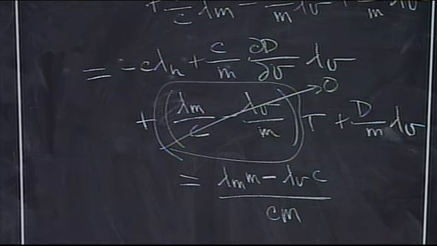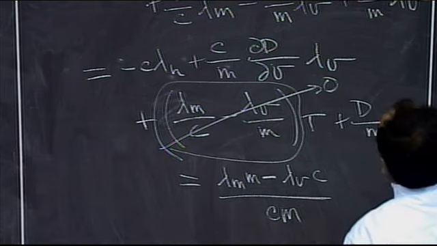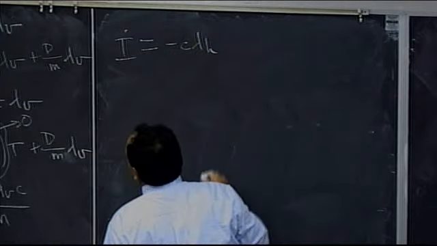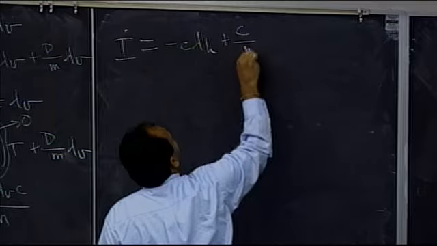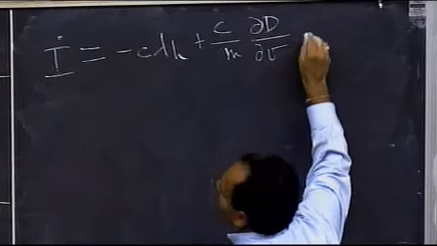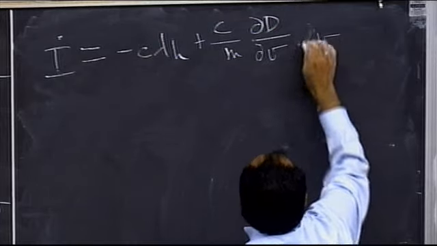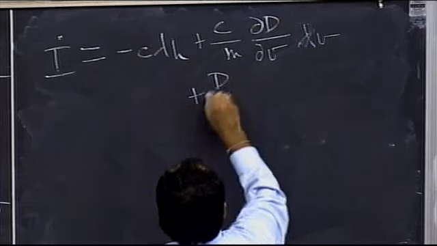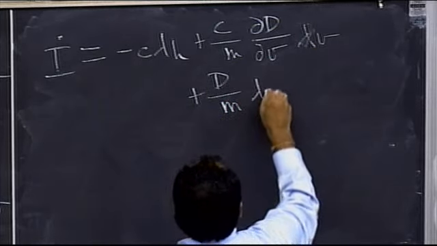So now let's look at this condition. I dot is equal to minus c times lambda sub h plus c over m, the partial of d with respect to v times lambda sub v. And then I've got plus d over m times lambda sub v.